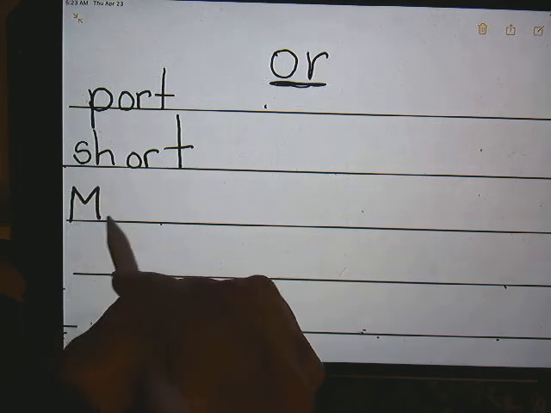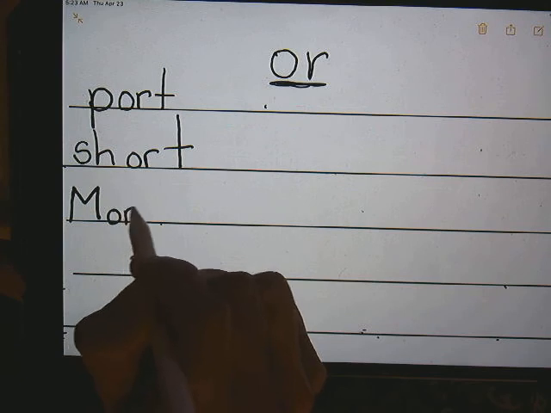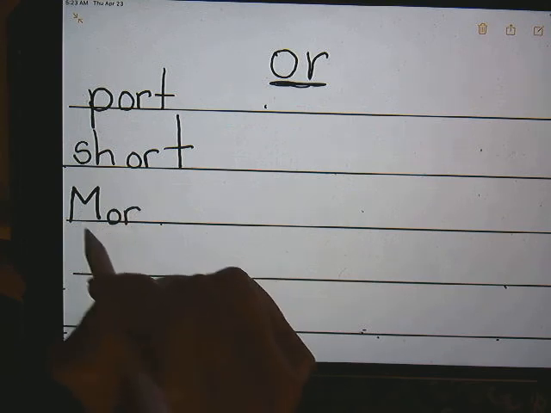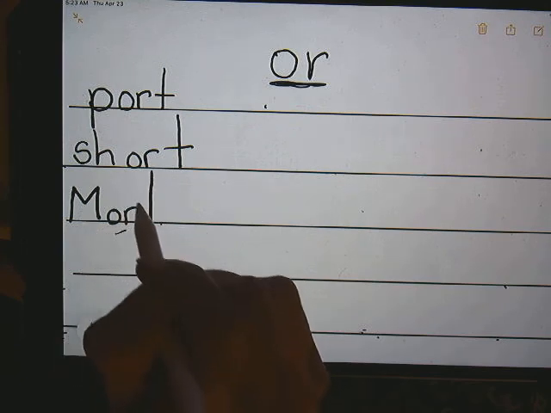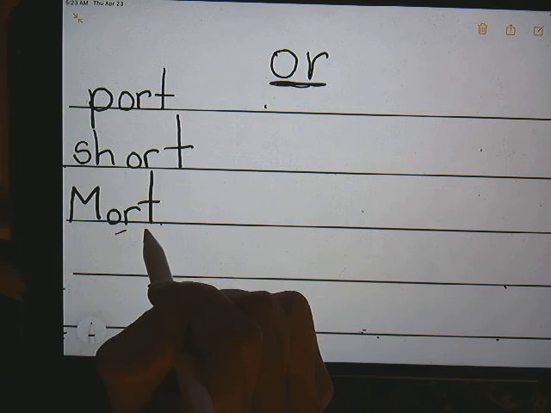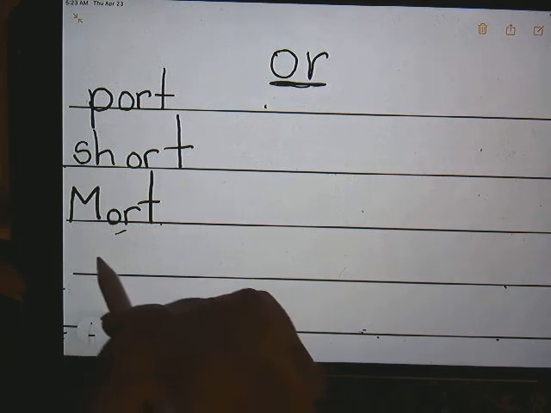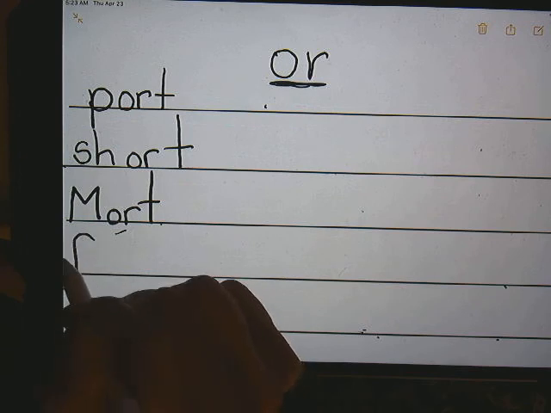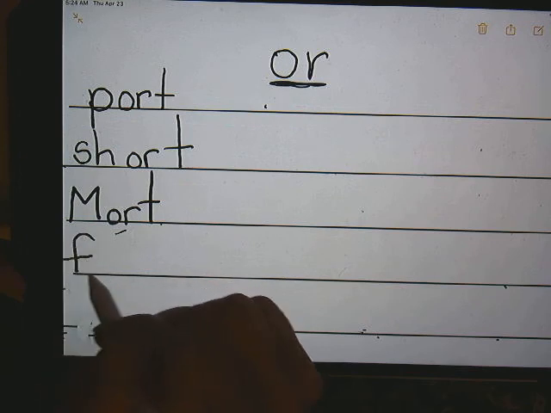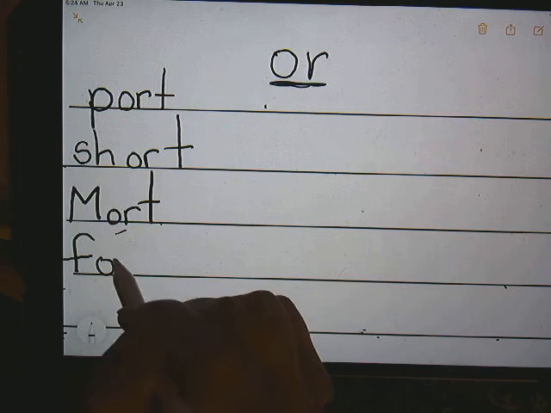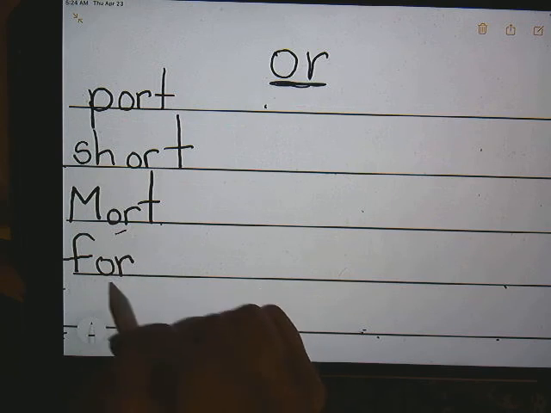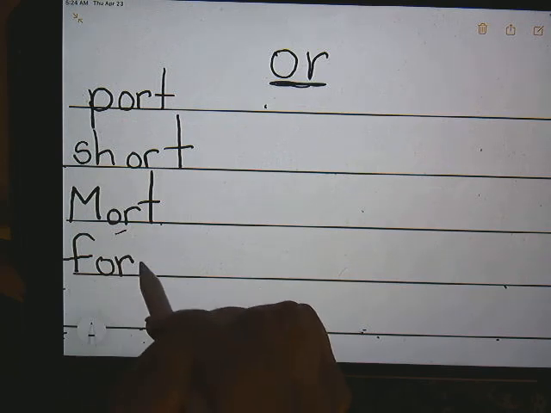Sound. Sound or, blend more. Sound t, blend mort. Word mort. Sound f. Sound or, blend for.